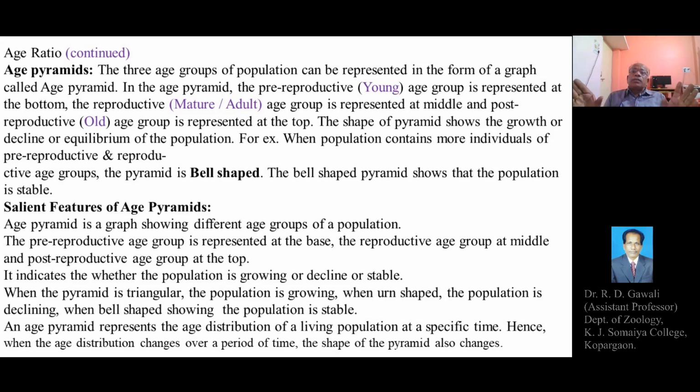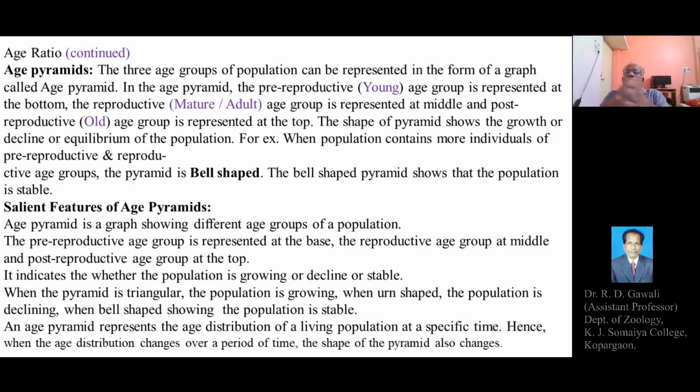Suppose at a particular time, the individuals of the pre-reproductive stage get transformed into the adult stage.